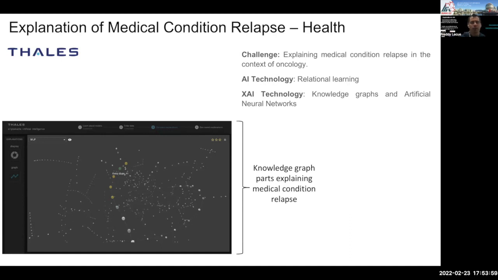You try to find the core edges, the core nodes that make that particular prediction. Here it's a link prediction task: you predict a node of a person to be linked to a class, a particular disease.